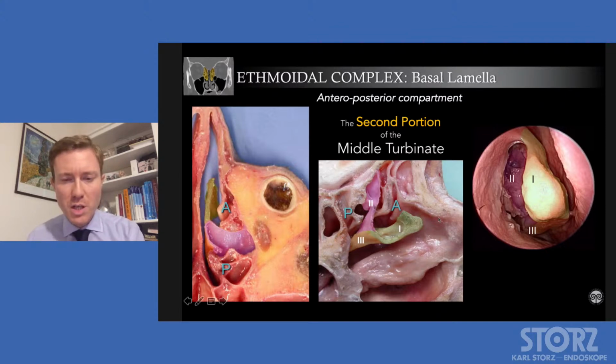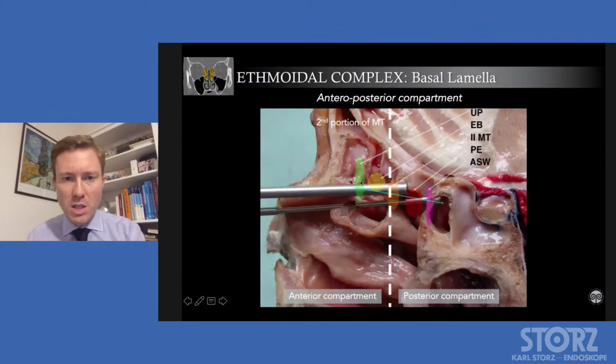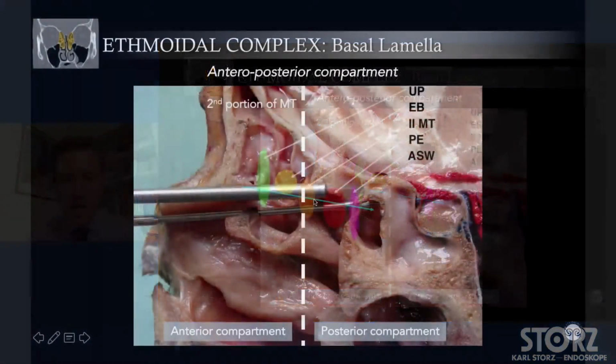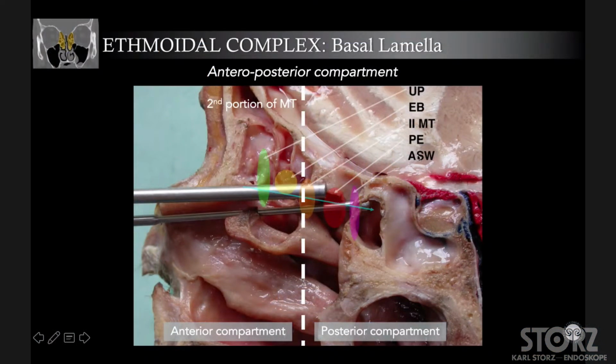So from anterior to posterior, you can see the anterior ethmoidal cells with the uncinate process, the bulla ethmoidalis, the second portion of the middle turbinate also called basal lamella, just behind it the posterior ethmoid, and finally the anterior wall of the sphenoid sinus and the sphenoid sinus. We have to pass through all these structures from anterior to posterior in order to reach the sphenoid.